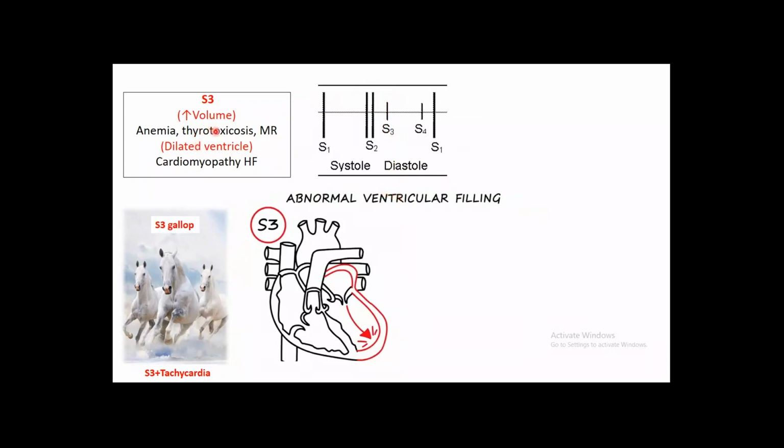Hyperdynamic circulation like thyrotoxicosis, anemia, volume overload caused by mitral regurgitation, or a dilated ventricle with increased volume inside, like in patients with cardiomyopathy. The hitting of the increased flow of blood during the early filling phase of diastole is called S3.